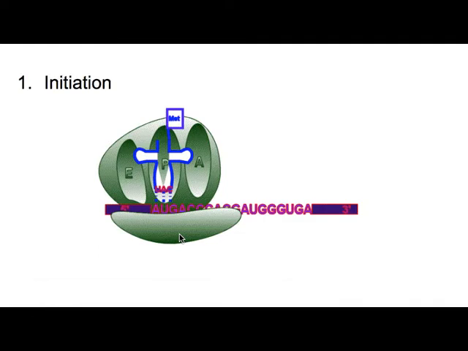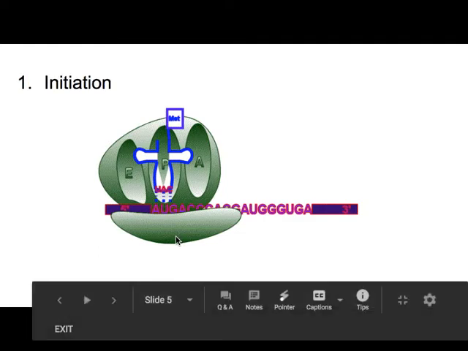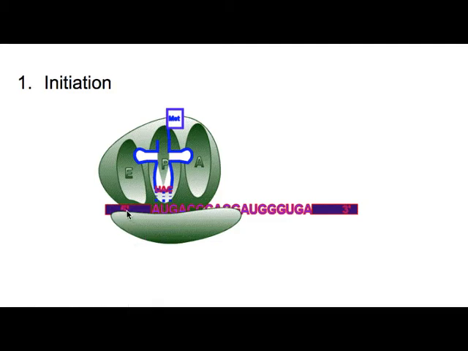See how the small started from the 5 prime end. It looked for the 5 prime cap. So when it saw the 5 prime cap, it started reading from the 5 prime end, and it's going to slide down the mRNA until it locates the start codon.